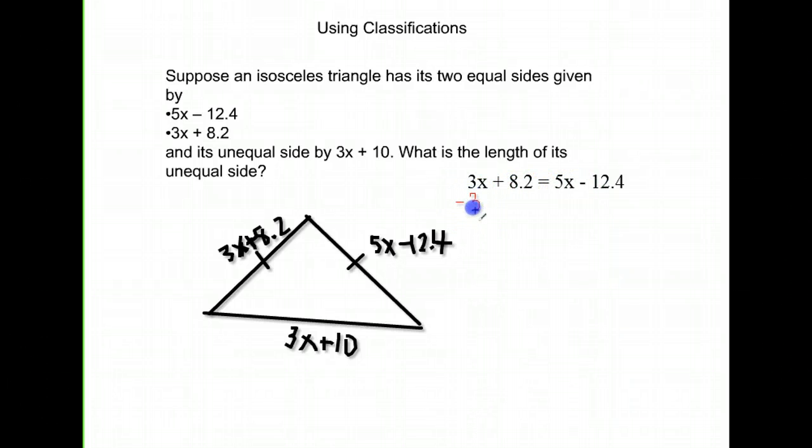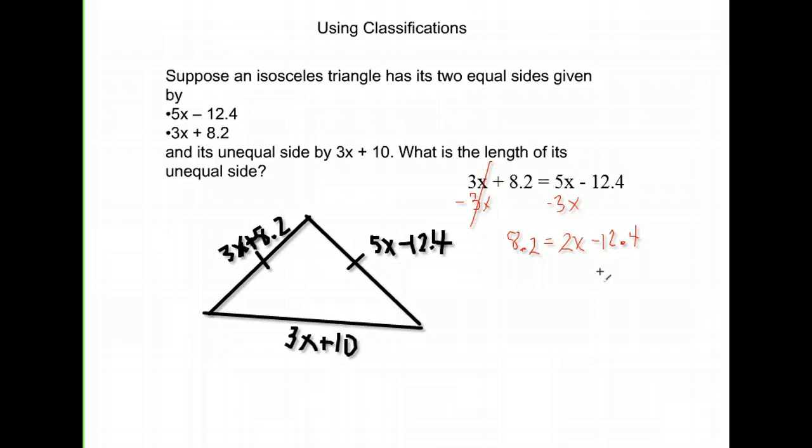So this 3x, I'm going to move over to the other side. So I'll subtract 3x, and I have to do the same on the other side of the equation, which gives me 8.2 equals 5x minus 3x is 2x minus 12.4.